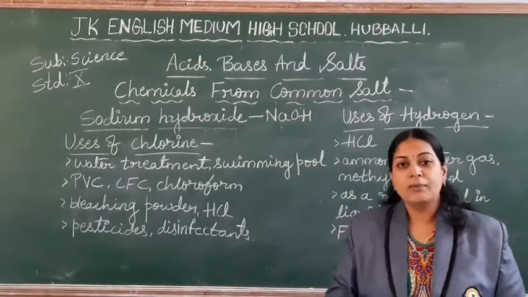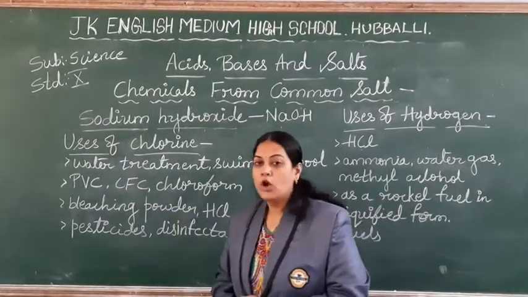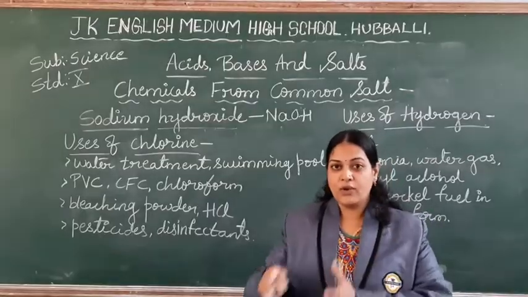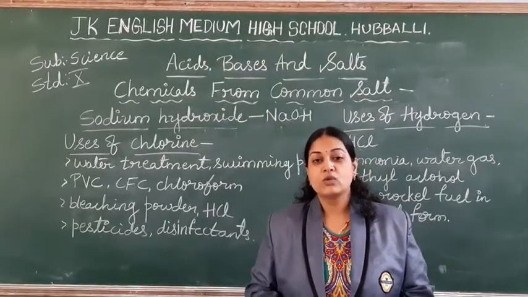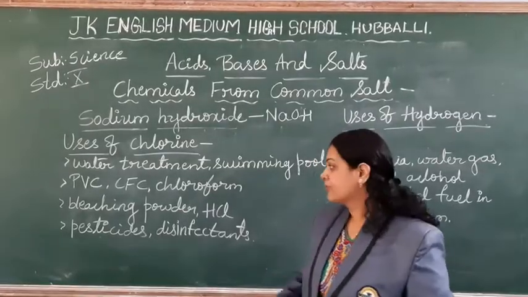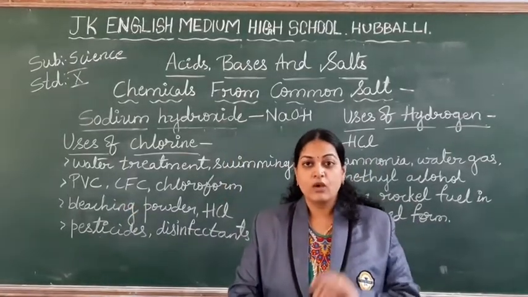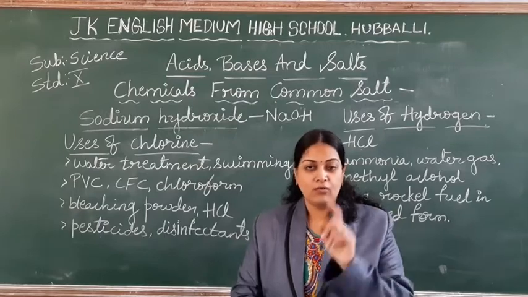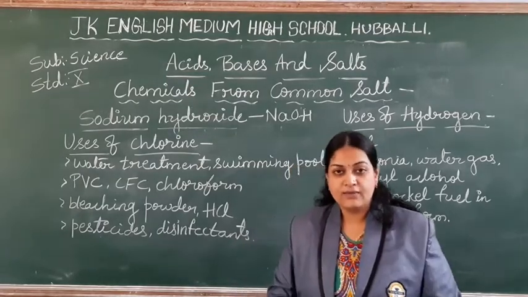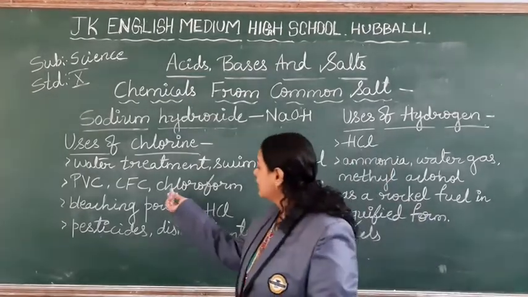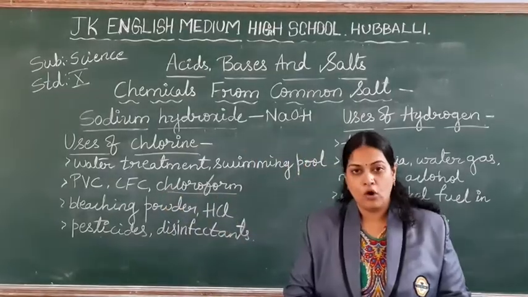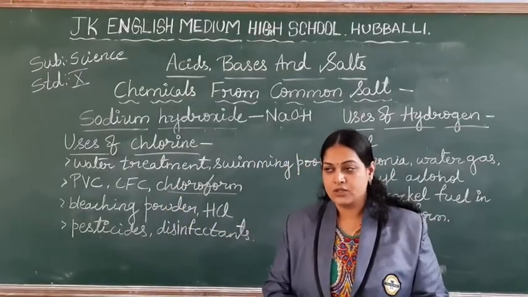It is used in the manufacturing of PVC, polyvinyl chloride. PVC pipes you have seen, no? In the preparation of that you find it. CFC, chlorofluorocarbon, chlorine is present. So in the CFC manufacturing, in the preparation of chloroform, you find the usage.